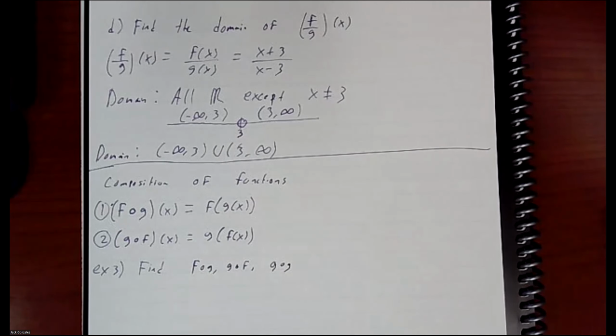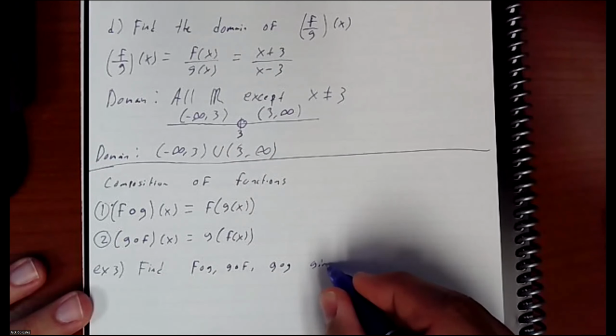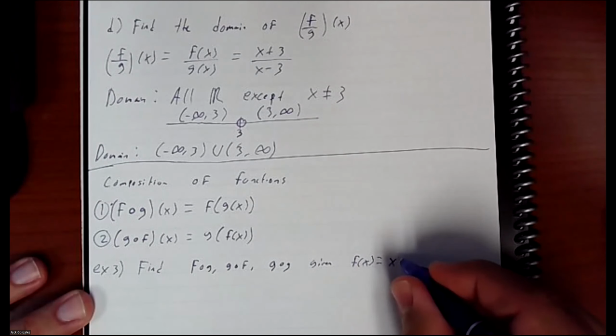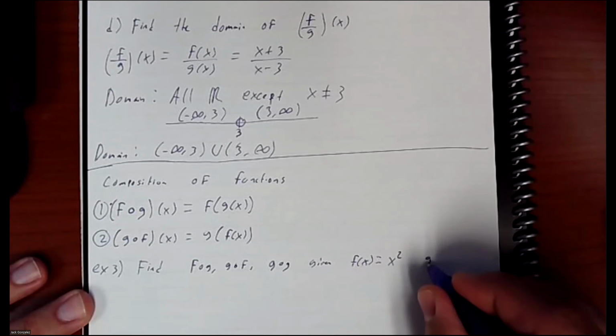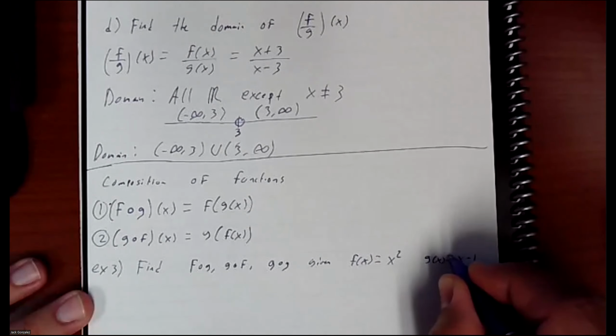So find f of g, g of f, and g of g, I guess. Given f of x equal to x squared and g of x equal to x minus 1.